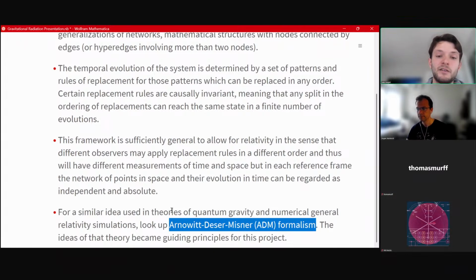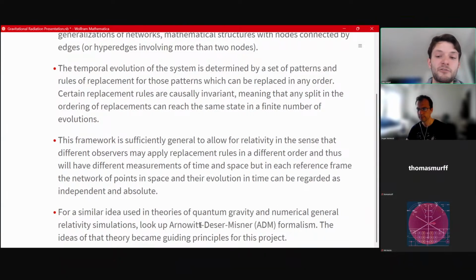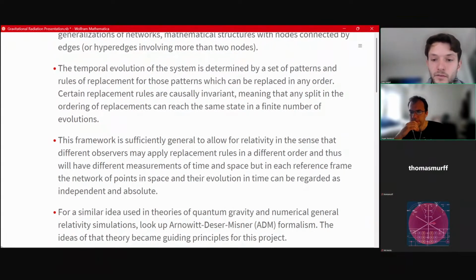It's used in theories of quantum gravity and also in numerical simulations of general relativity. And so those ideas were the guiding principles of this project. Yeah, makes sense.